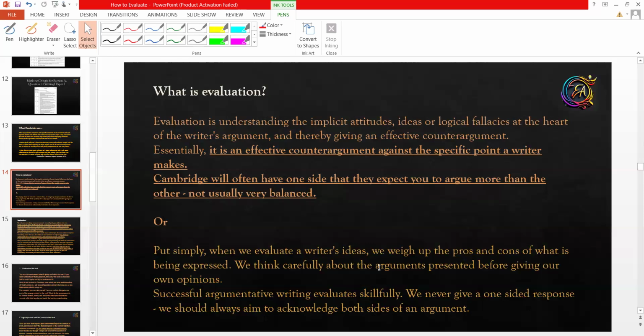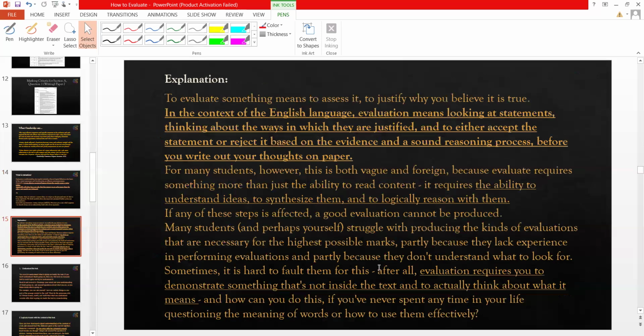Whatever is in front of us, we have to carefully judge whether we agree or disagree, and where you disagree, just give a counter argument. You're not fighting with someone, you're just giving a counter argument. I'll tell you how you are supposed to do this. Let us move on.